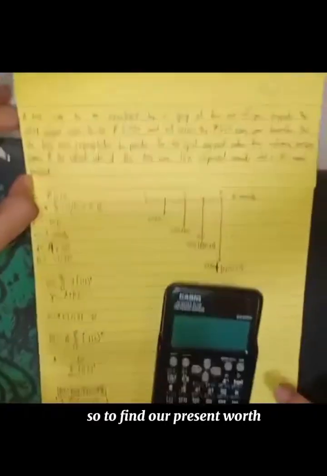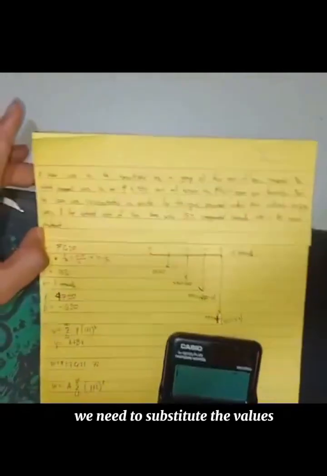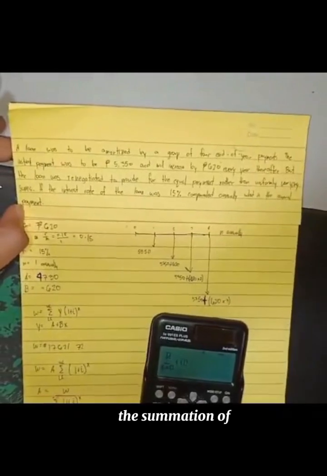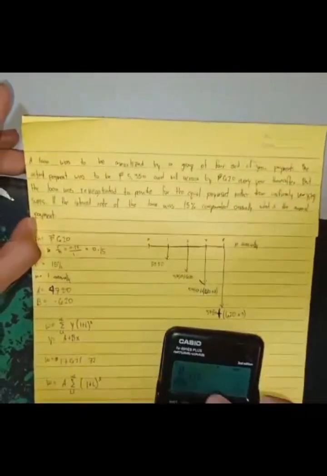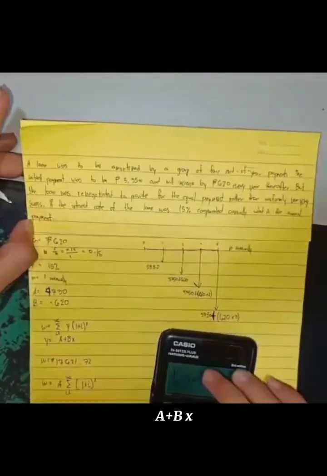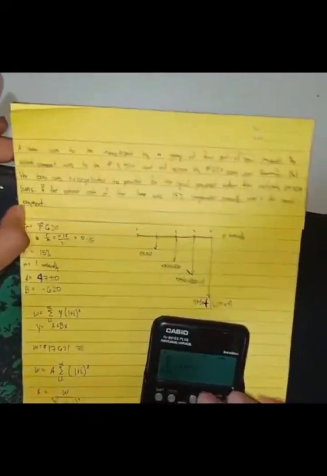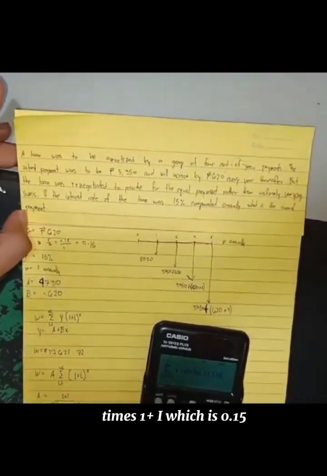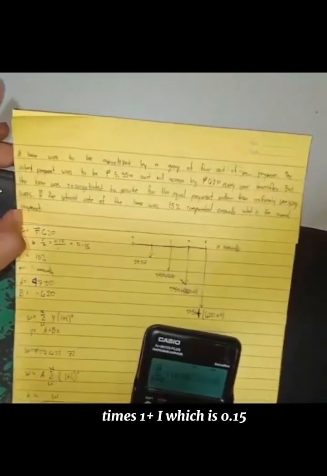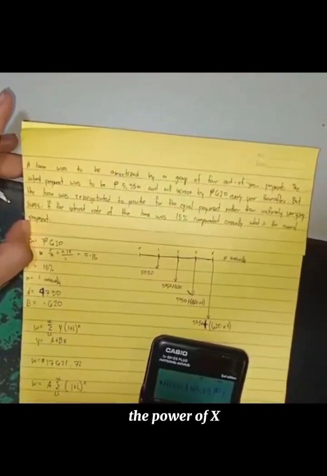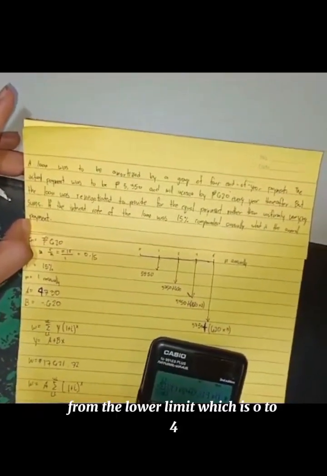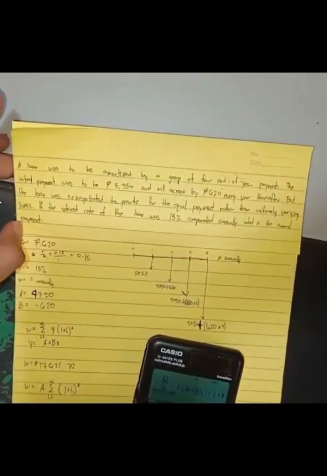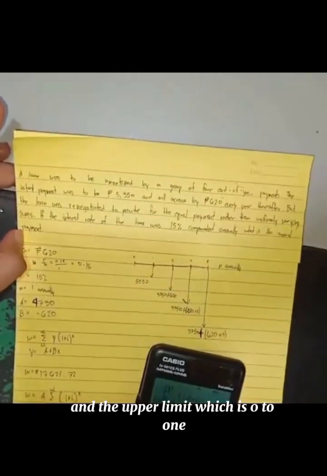So to find our present worth, we need to substitute the values. The summation of a plus bx times 1 plus I, which is 0.15, to the power of x, from the lower limit, which is 0 to 4, and the upper limit, which is 0 to 1.